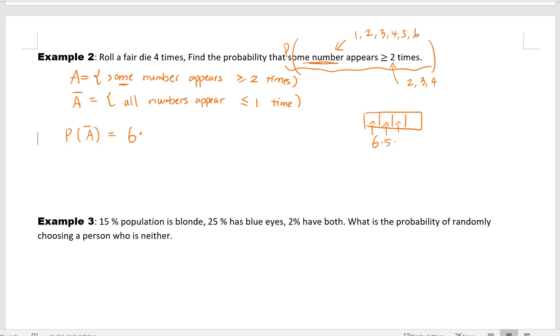For the third roll, because we already picked 2 numbers and they don't repeat, there are 4 possibilities. And then here we have 3 possibilities. So 6 times 5 times 4 times 3. Let's see. 4 times 5 is 20, 20 times 3 is 60, 60 times 6 is 360.